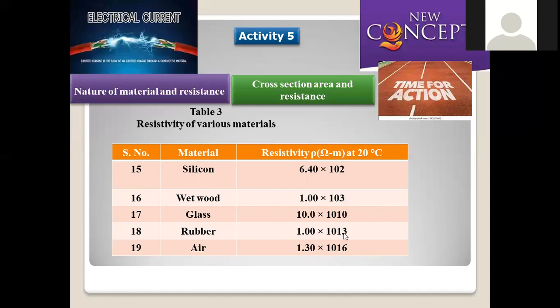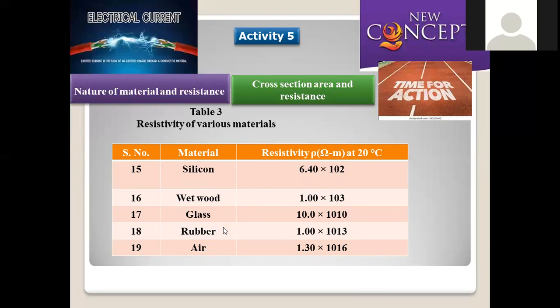All these values are given in positive powers. Positive powers are nothing but higher numeral values, so their resistivity will be extremely large and the conductance will be almost negligible. No conductance with wood, glass, rubber, and air. Air is also a good insulating material, right?